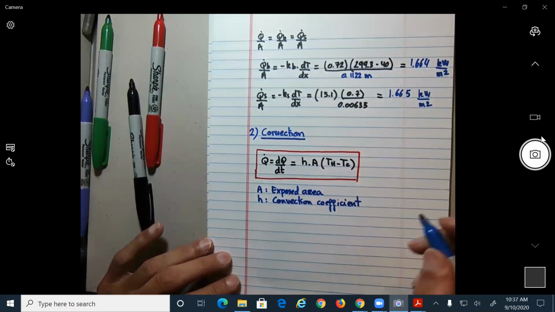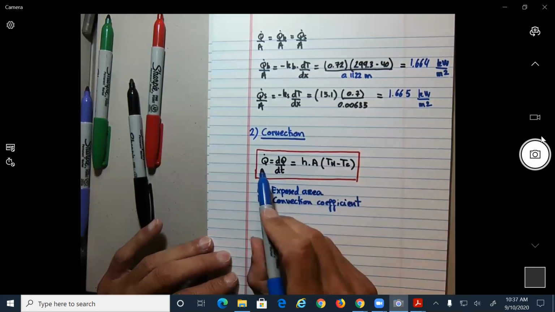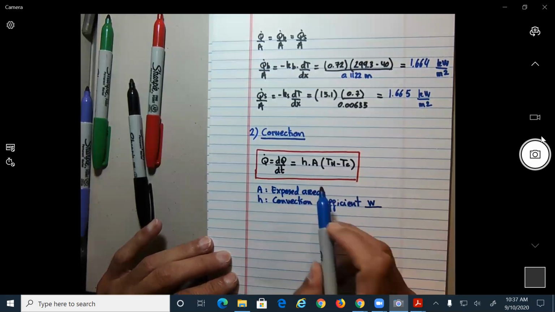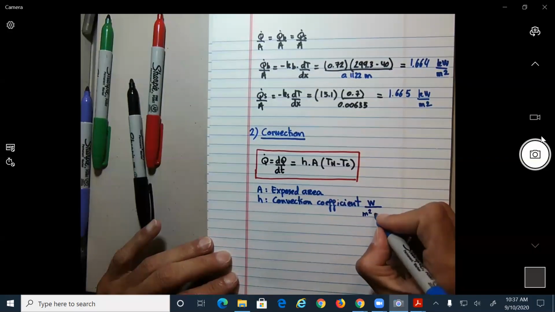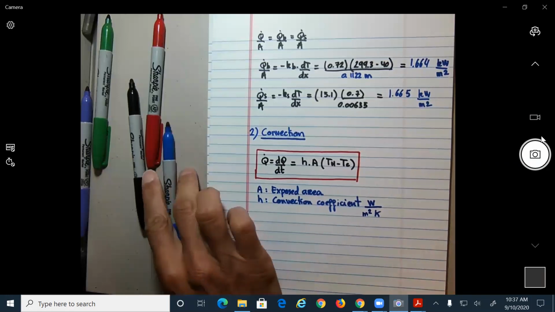Okay, so over here, what would be the units of h? Units of Q are watts, A would be meter square, and the temperature will be Kelvin, no? So the units of h should be watts per meter squared Kelvin.